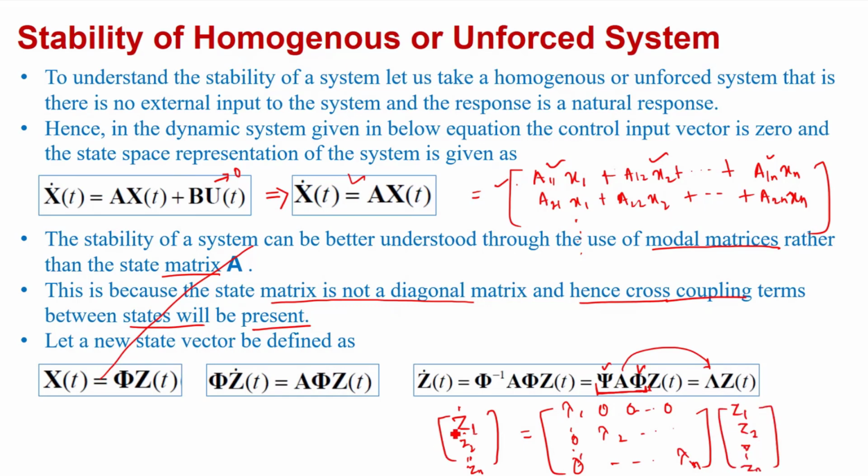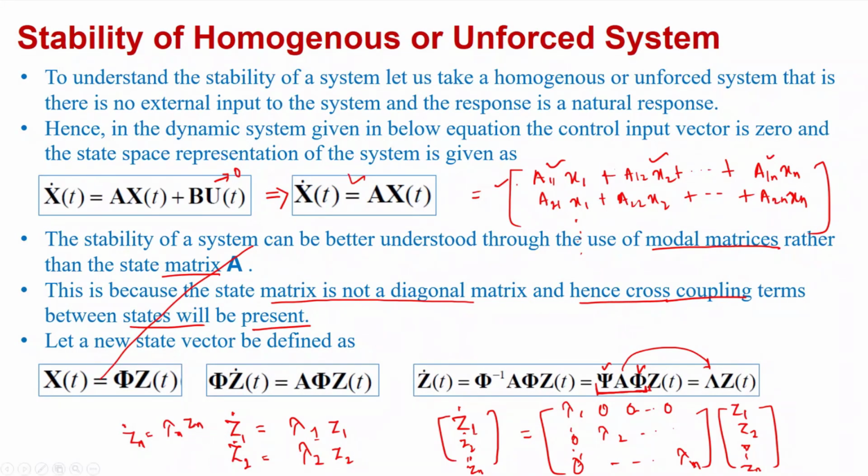The equation for the first state variable, z1 dot, is lambda 1 z1. Now it is in decoupled form, there is no cross coupling. So z2 dot becomes lambda 2 z2, and similarly zn dot becomes lambda n zn.